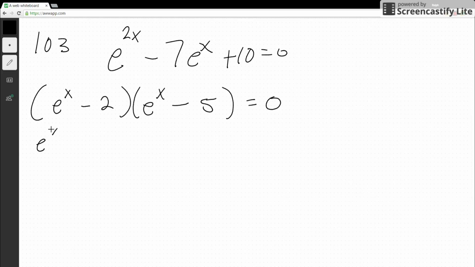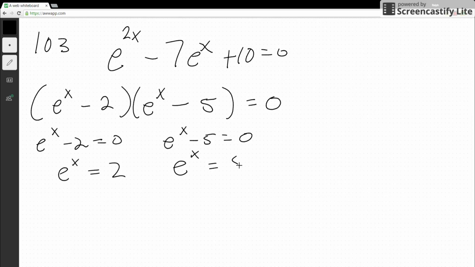I'm going to use zero product property, setting those equal to 0. So I get e to the x equals 2, e to the x equals 5. Take the ln of both sides.